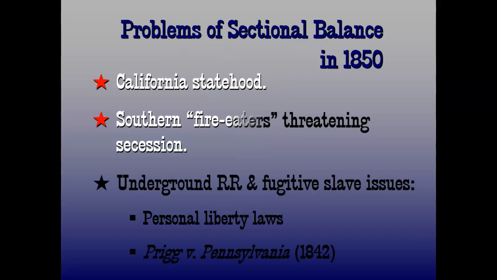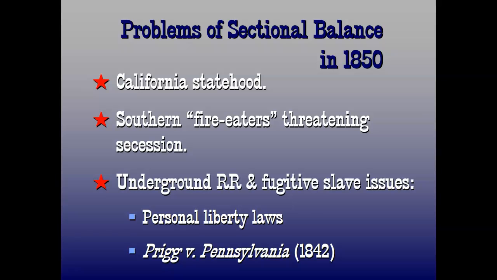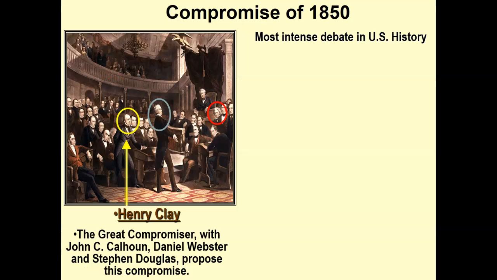So let's remind ourselves what's going on here. California has applied for statehood. It's threatening to upset the balance of power. Southern states, including those that Calhoun has under his wing, start to threaten leaving the Union. Secession has reared its ugly head again.